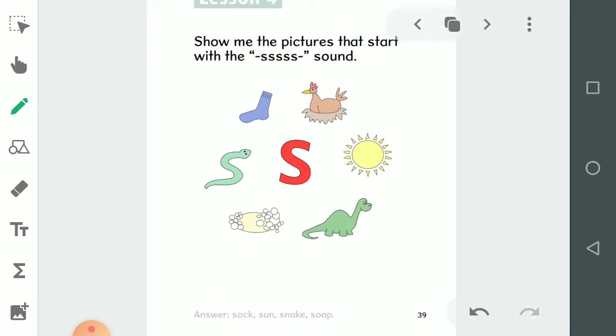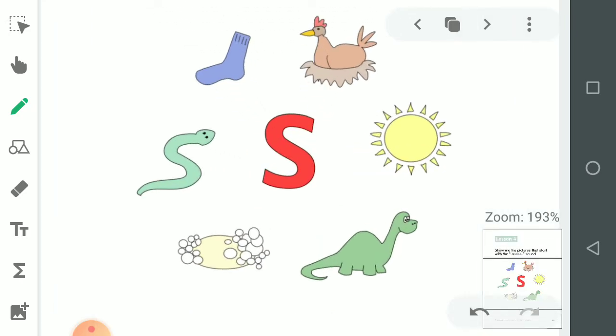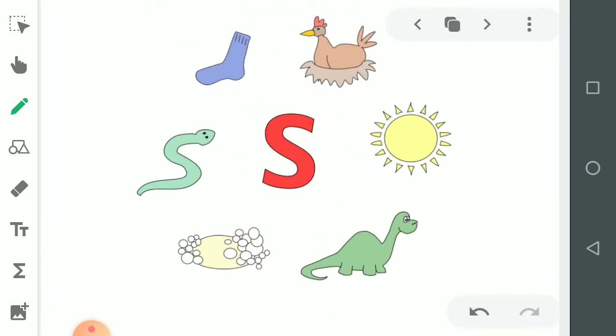Okay. Show me the pictures that start with the sss sound. Can you identify any pictures that start with the sound? Here we have a sock, snake, and we have a dinosaur, sun, hen, and what are these? Soap bubbles. Maybe soap, right?